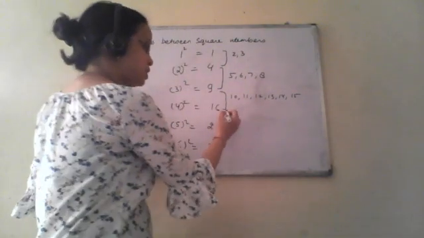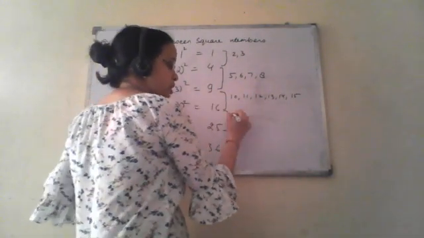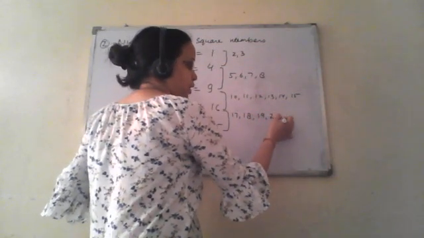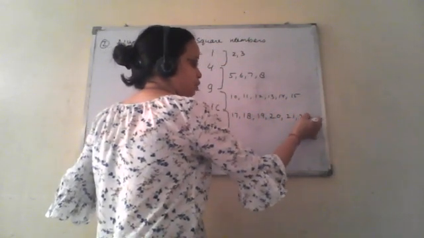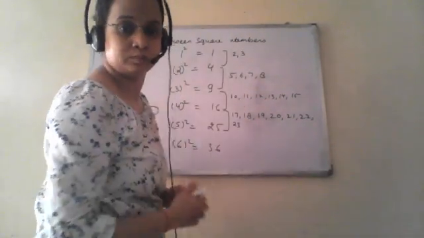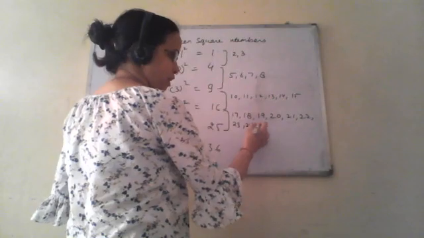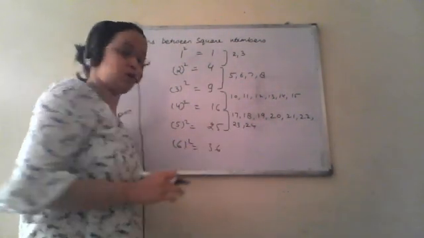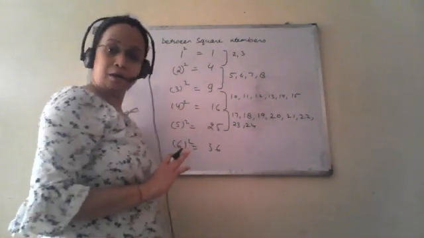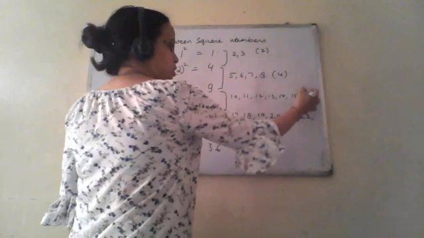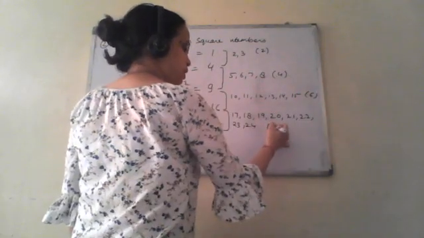Between 16 and 25 we have 17, 18, 19, 20, 21, 22, 23, 24. So how many non-square numbers are there between 16 and 25? There are 8 numbers. This is 2, this is 4, this is 6, and there are 8 non-square numbers.